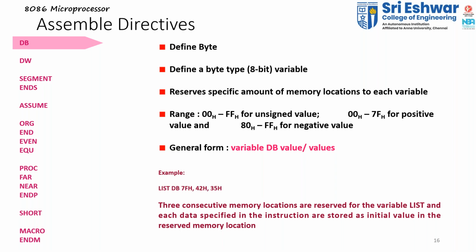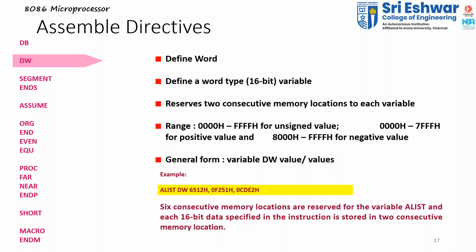Next is define word. This is 16-bit. As you can see here, the example of define word will be larger. List DW 6512. Here 6512 expands in 8421 code, then you will have 16-bit. So 6 consecutive memory locations are reserved for the variable list, and 16-bit data specified in the instruction is stored in 2 consecutive memory locations.